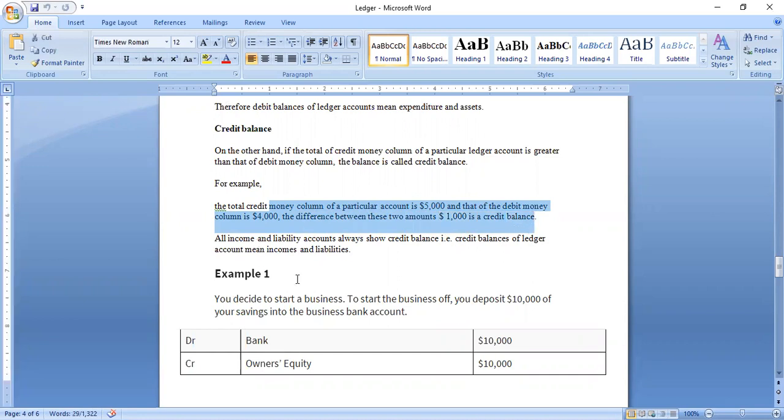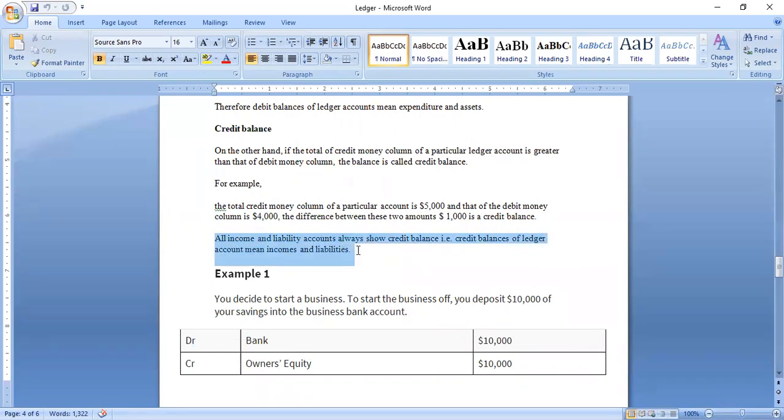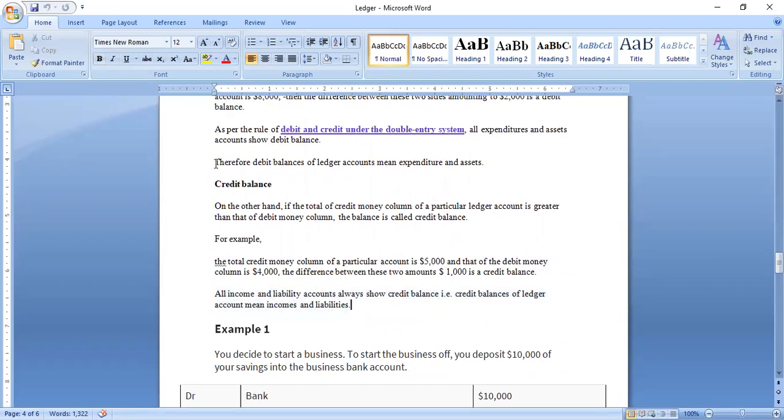Here we have seen that all income and liabilities accounts always show the credit balance, that is, a credit balance of a ledger account means income and liabilities. On the other hand, the debit balance of a ledger account means expenditure and assets.